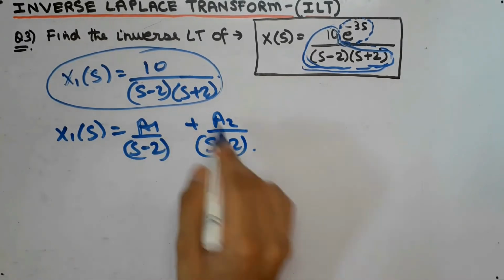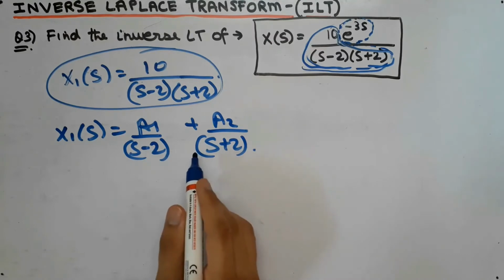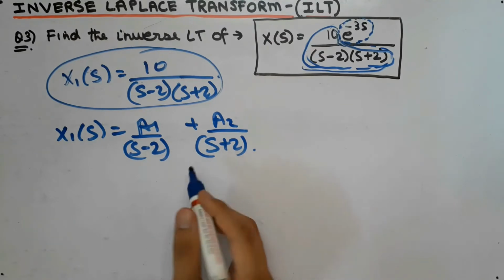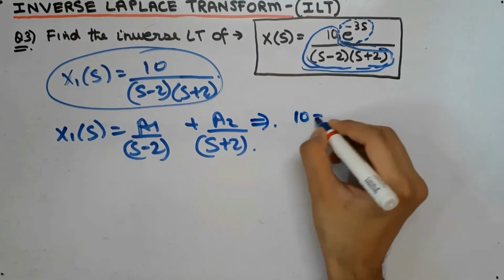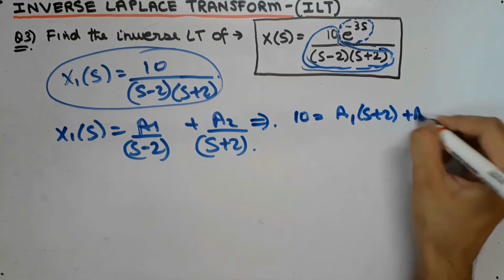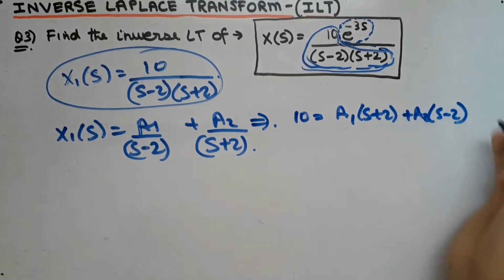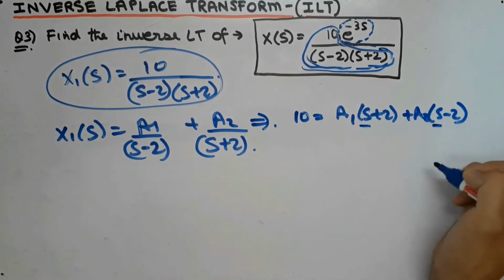Now similarly we will cancel the denominator on the LHS with the denominator on the RHS. On solving this you will get 10 is equal to A1 (s plus 2) plus A2 (s minus 2). Now we are going to substitute necessary values of s in order to get the values of A1 and A2.